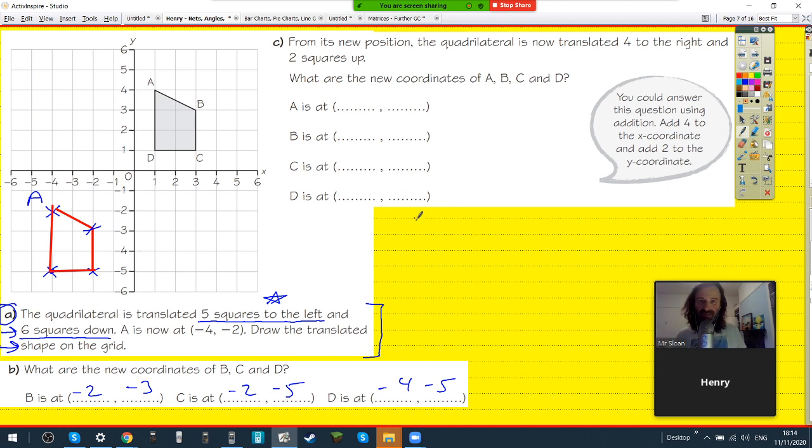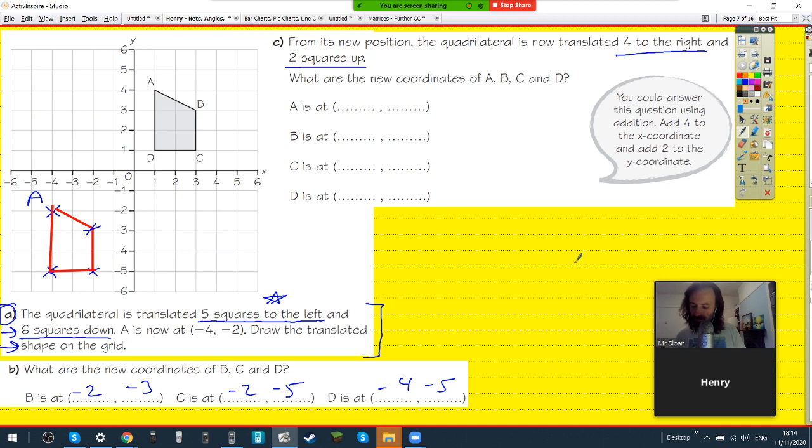So B is at -2 and -3. Oh, wait, no. So it's moved again. A is 2 to 1, 2, 3, 4, 2.